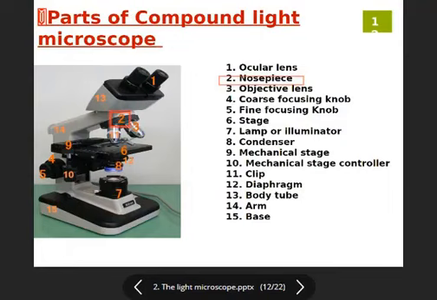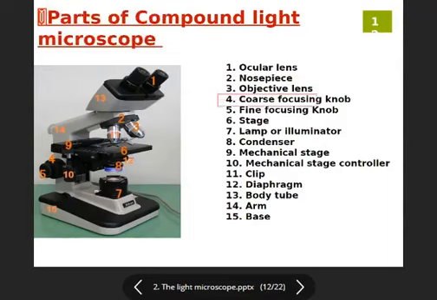The objective lenses are attached on the nose piece. So if you want to change the magnification power, you will use the nose piece. You will move the nose piece and the objective lens will move. That is, from 4 to 10 to 40 to 100, when you are moving, you will use the nose piece. Understand?